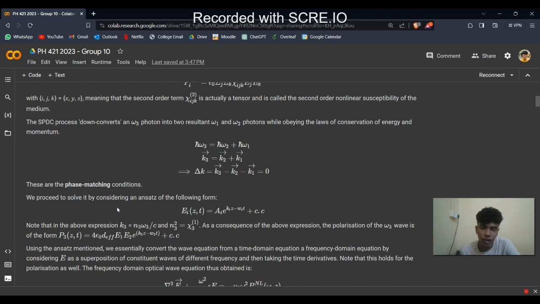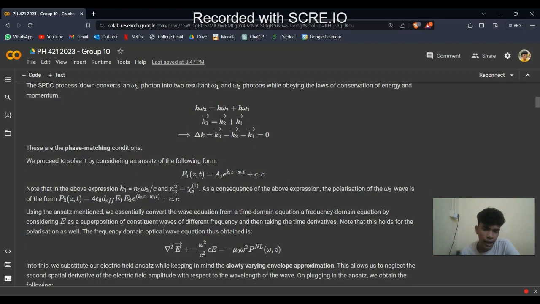And note that k is always n omega by c, and the square of the refractive index is the first order susceptibility, right? So naturally, when we assume electric field to have such a form, it enforces a constraint on the form of the polarization as well, which is the same constraint that the polarization is also made up of a bunch of sub polarizations which are each at their own frequency.